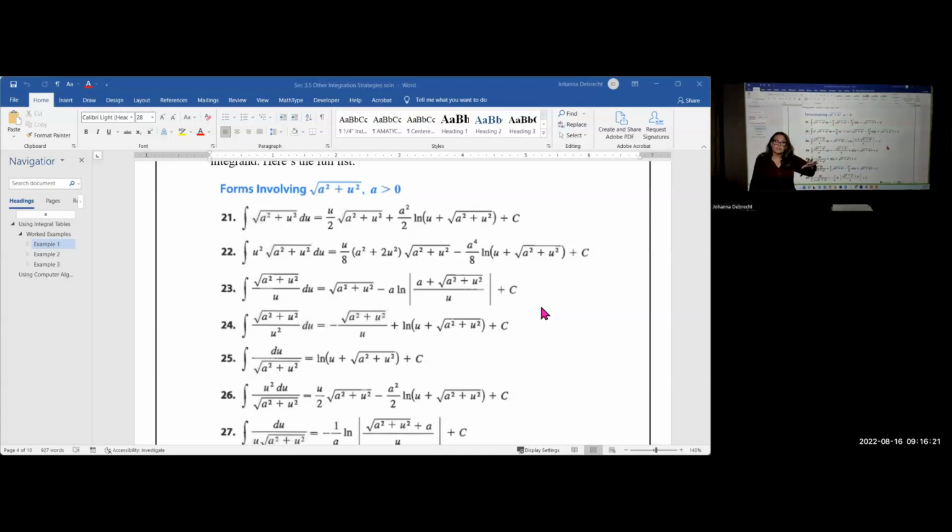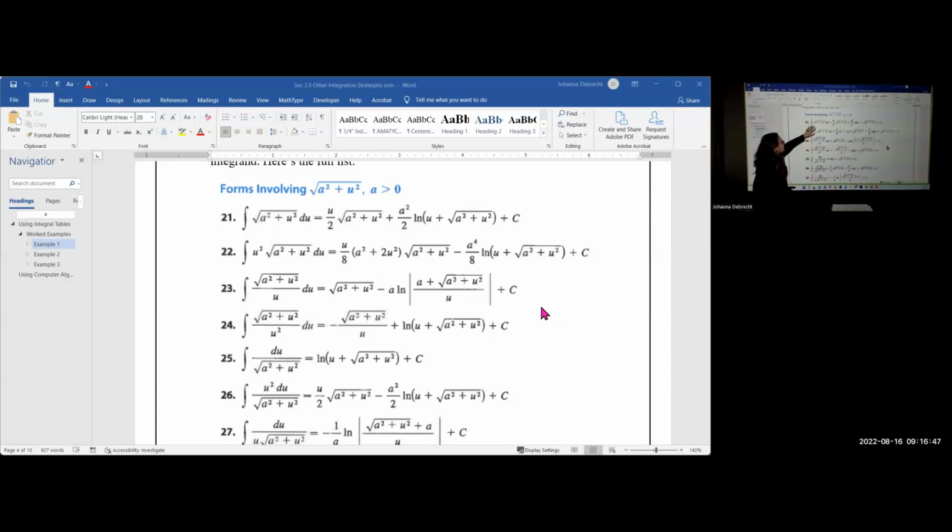Now, it is important to note that a is positive, right? When it has a squared, we don't know if a is positive or negative. It's telling us to assume that a is positive. So these are radicals that basically somewhere in the integrand have the square root of the quantity a squared plus u squared. And you can see right here, we've got 21 through 27.